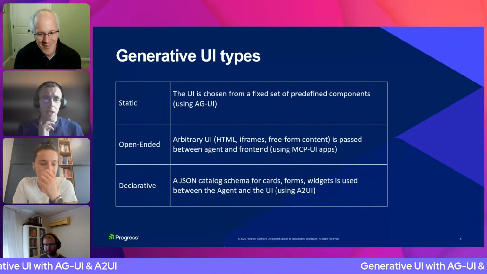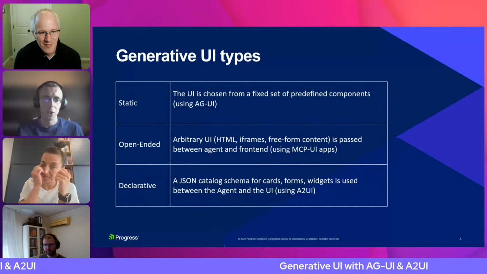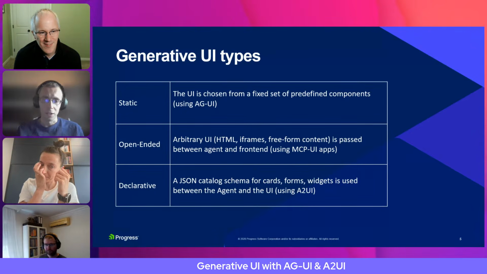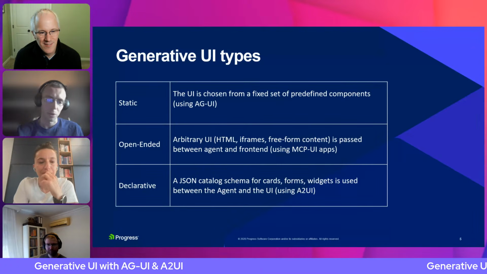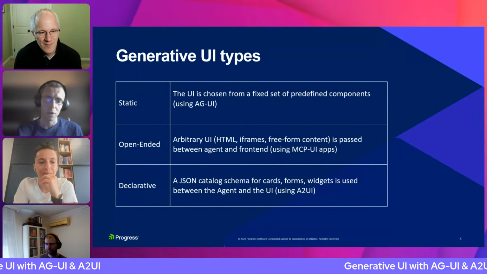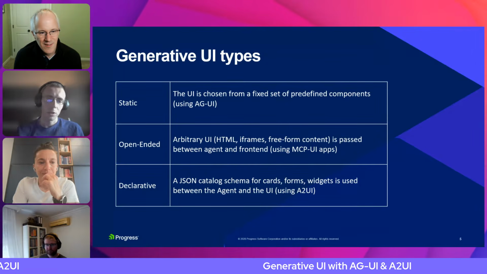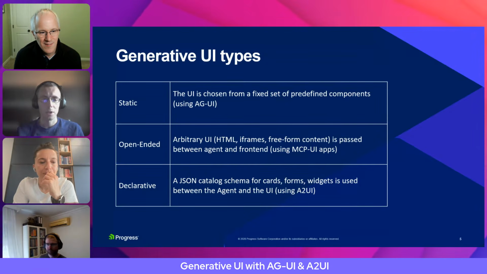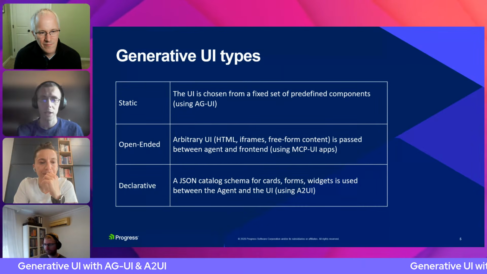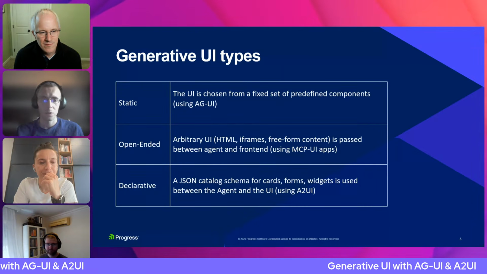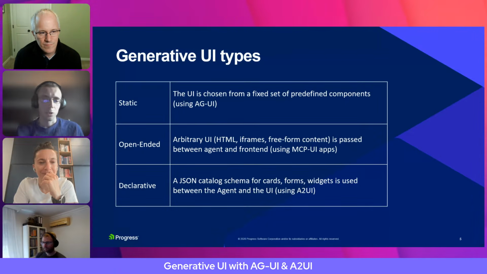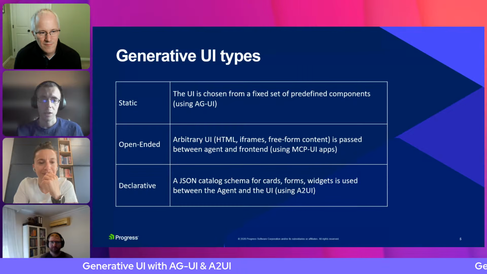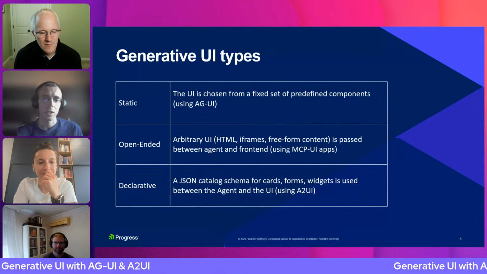So there are different types of generative UI. The classification here is what we have now. Maybe in the future we might have other types which are more flexible. But for now, we can start with the first level, the so-called static or predefined generative UI. This is the most conservative way to approach it. It's basically using an AI agent and rendering a set of components that you have predefined.